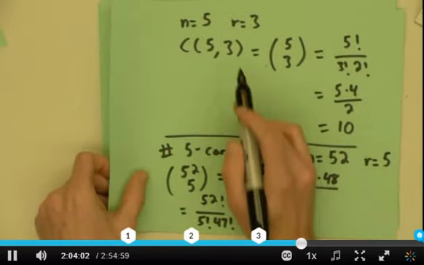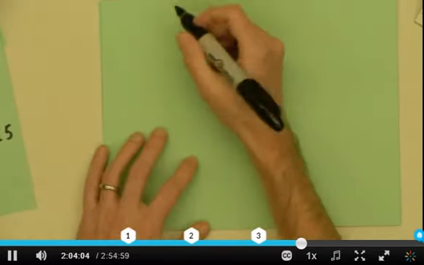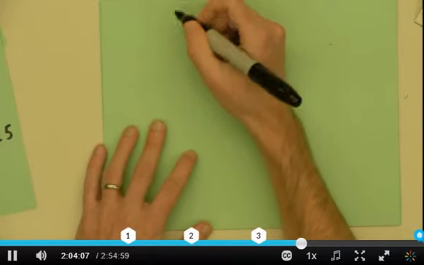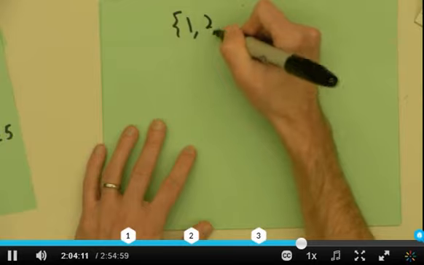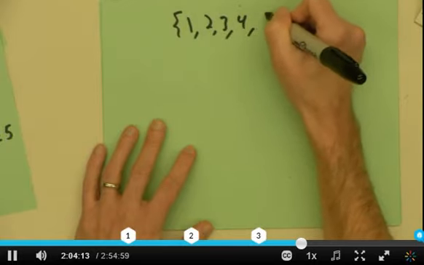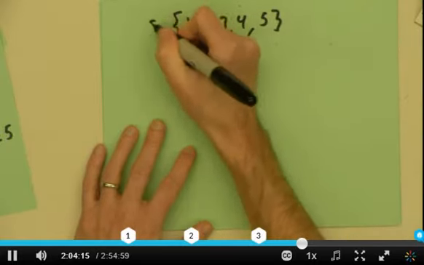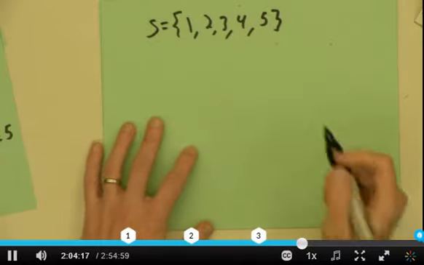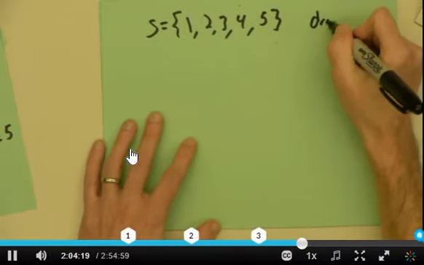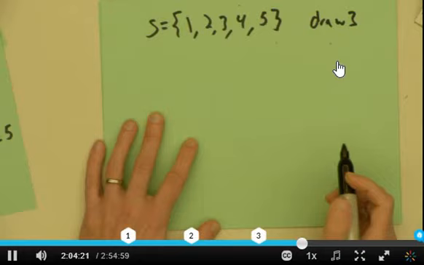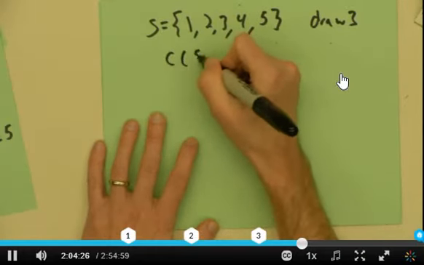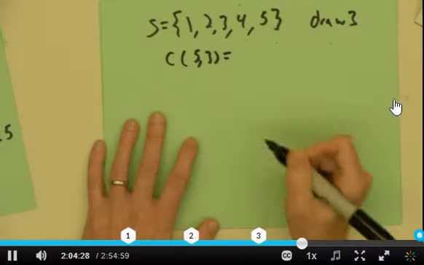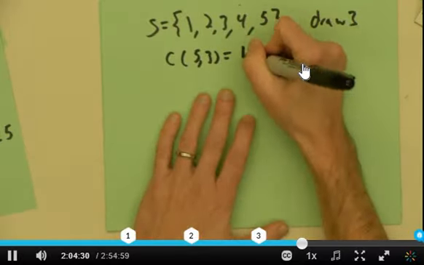All right, so let's return back to this example. So suppose I'm drawing out of my set of 5, I'll write those down again. I'm drawing 3. Okay. Then the number C of 5 comma 3 was 10.